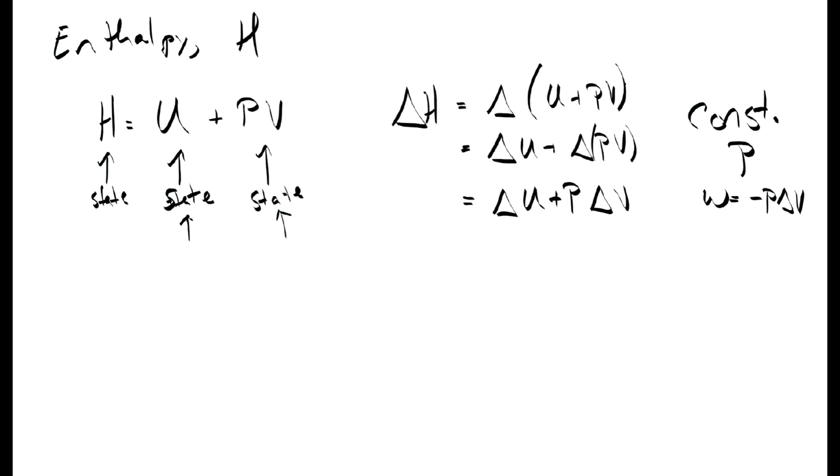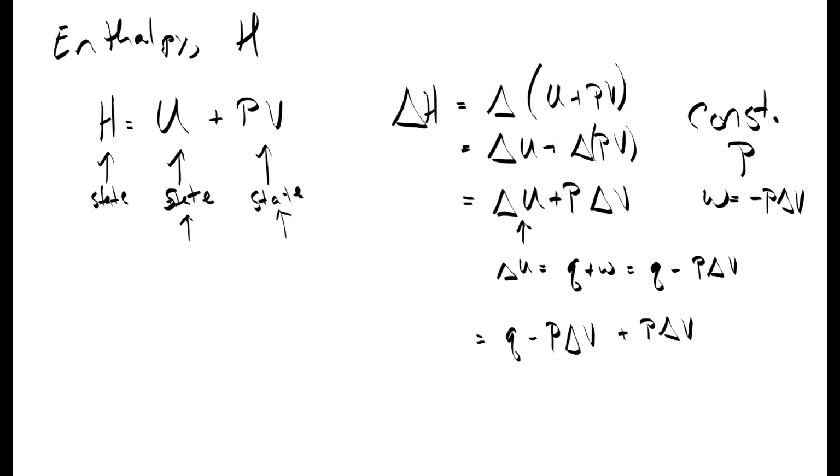And this is why we set up enthalpy this way, because delta U is equal to Q plus W, heat plus work, or Q minus P delta V. So delta H is equal to Q minus P delta V, from delta U, and then plus P delta V. Only at constant pressure.